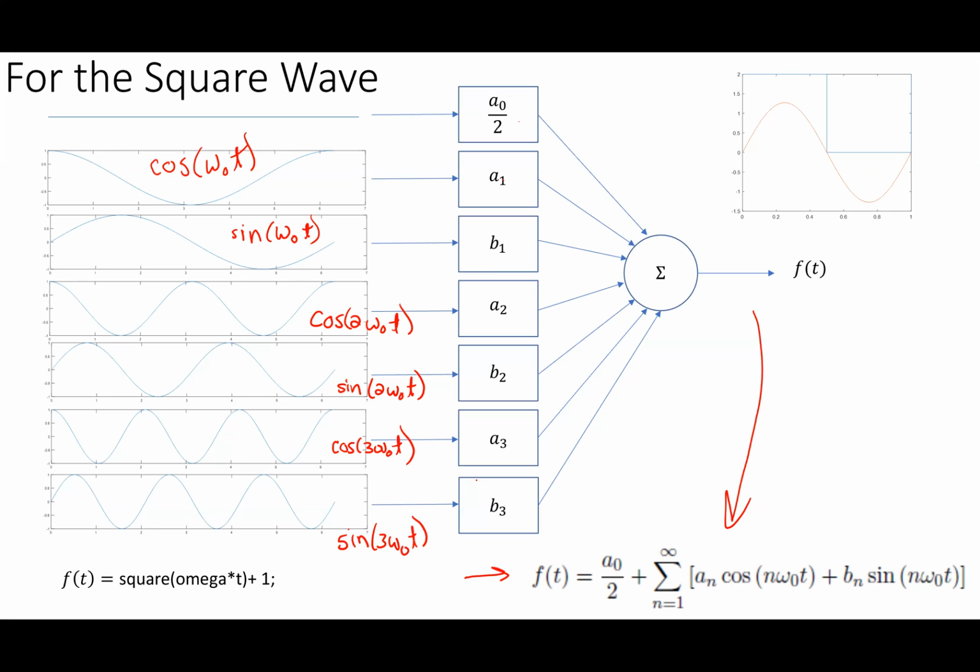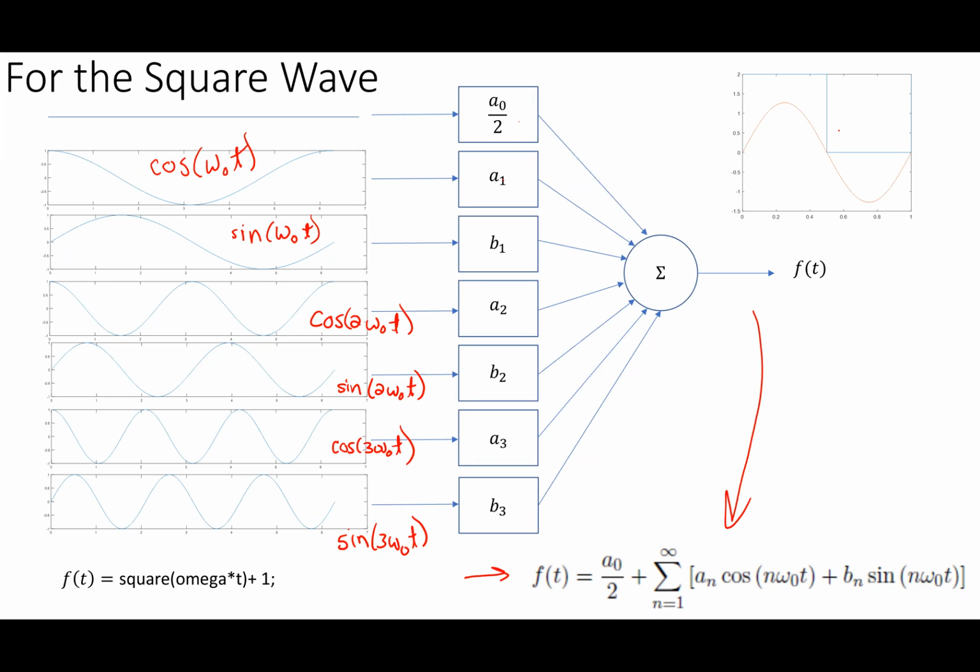In my mind, those are knobs that say, if I want to make a square wave, how much cosine do I need? Let's turn the knob up a little bit. How much sine do I need? How much cosine 2 omega naught t do I need? How much sine 2 omega naught t do I need? So from what we determined previously, let's look at this. How much cosine did it take to create the square wave?